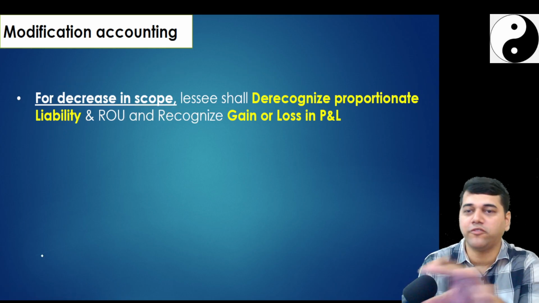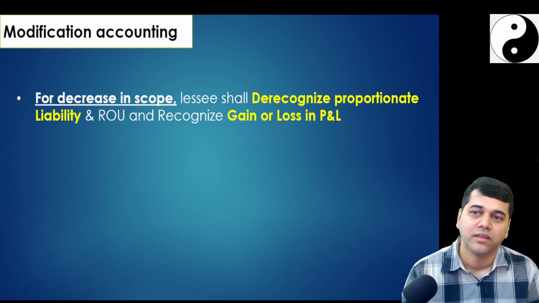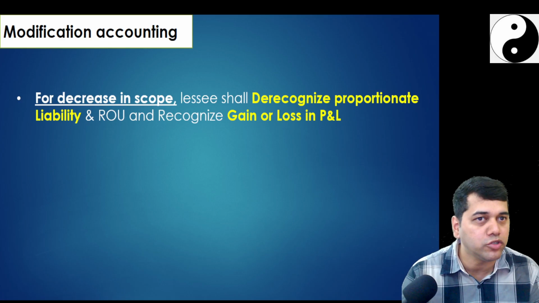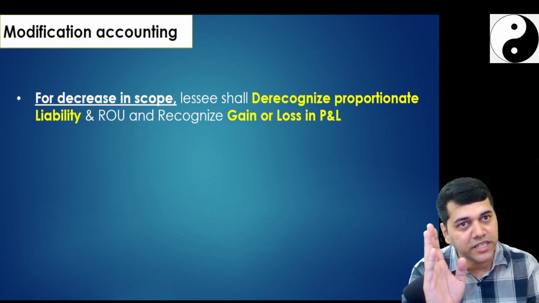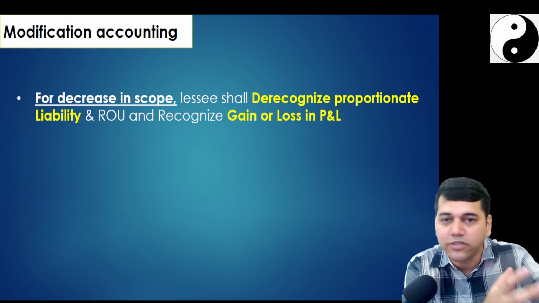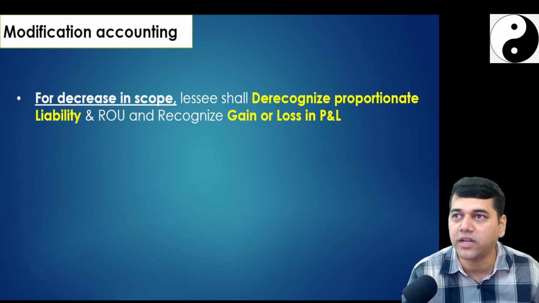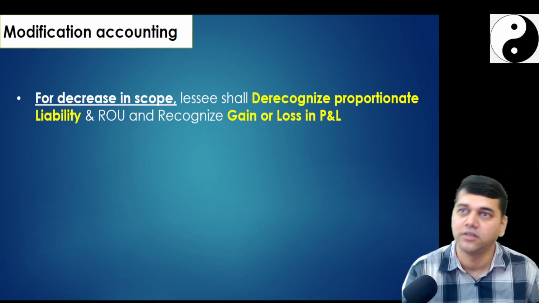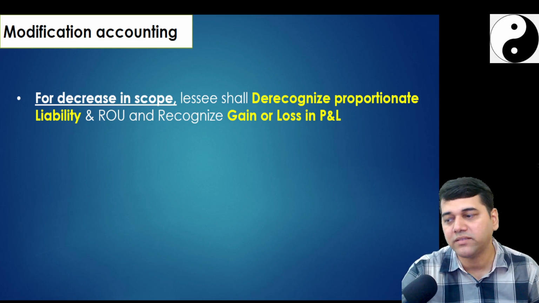You can ask me if you don't understand my handwriting. Whenever the scope is going to change, you explain how you account for it. When the consideration is going to change, you first explain how you account for it. Look, you say this is what I am going to do. Test is not required here. It is not Ind AS 109, otherwise I would do a substantial test. Then I will do this. Followed?